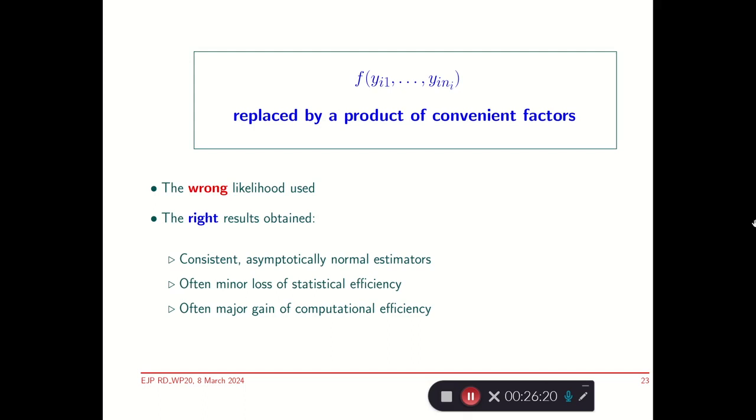In many examples, the loss of efficiency will be such a minor price to pay if you turn a problem from hours in minutes in seconds, or you turn a problem from infeasible to feasible. That's an infinite gain in, of course, computational power, if you wish, or convenience.